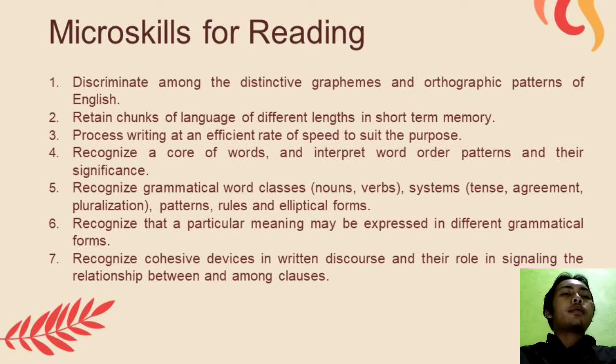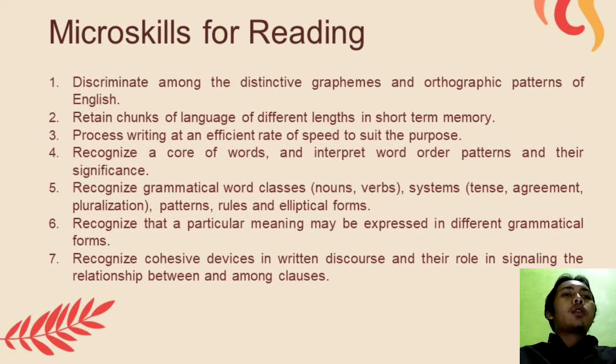Microskills for reading. Number 1: discriminate among the distinctive graphemes and orthographic patterns of English. Number 2: retain chunks of language of different lengths in short-term memory. Number 3: process writing at an efficient rate of speed to suit the purpose.